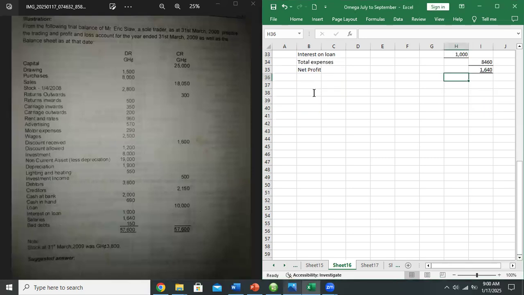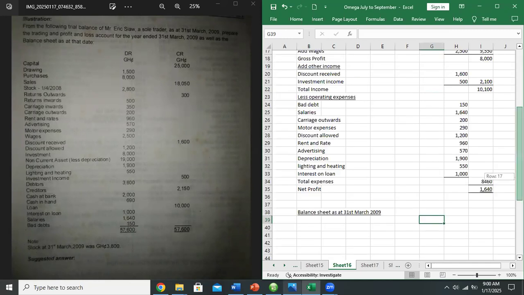So you put your heading, balance sheet at 31st March 2009. Okay, so you put in your 3 columns. The currency is Ghana cedi.